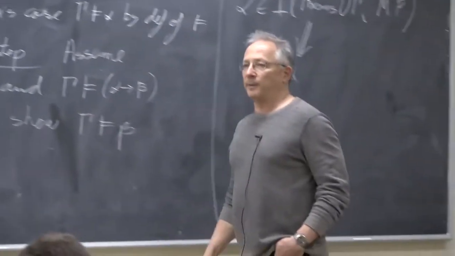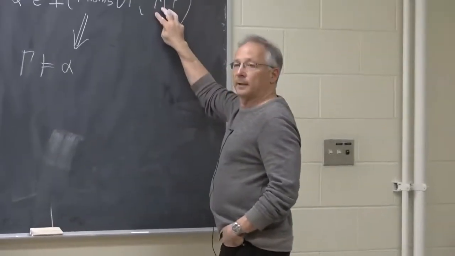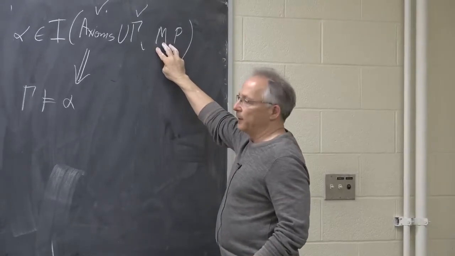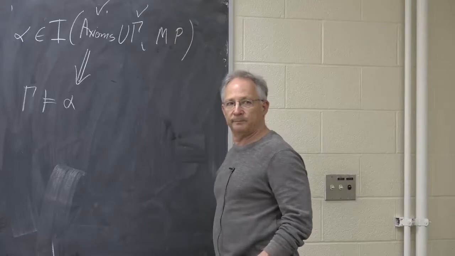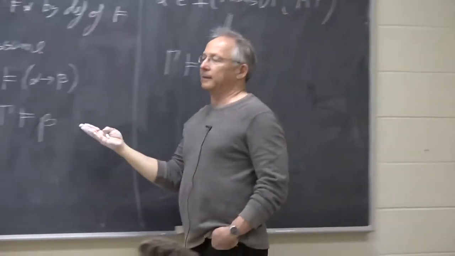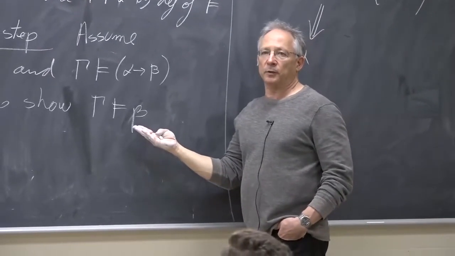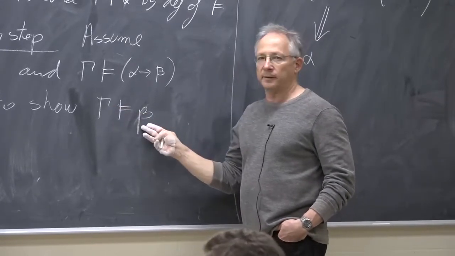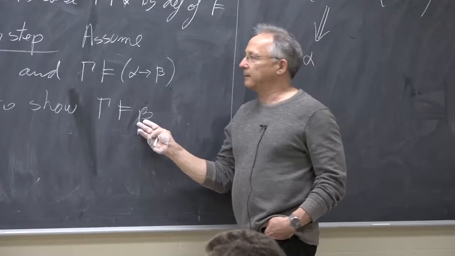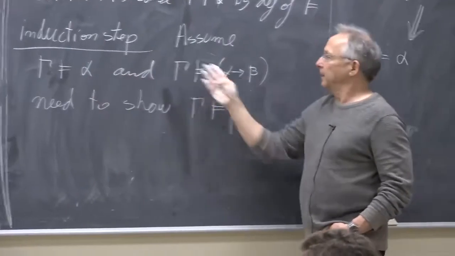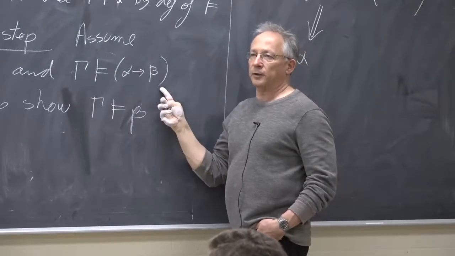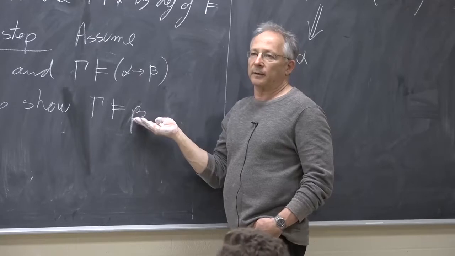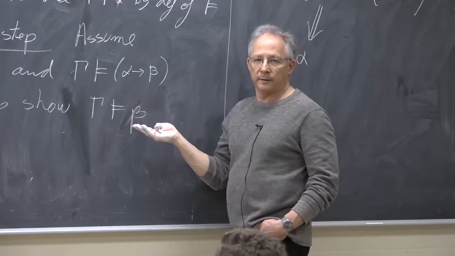Because in the induction step, my operation is modus ponens. So the inputs to my operation were alpha and alpha arrow beta. The output is beta. And this is exactly like the case of propositional logic. If not, then there is some instance in which this is false. But this is always true. And if beta is false, I'll get a contradiction here.